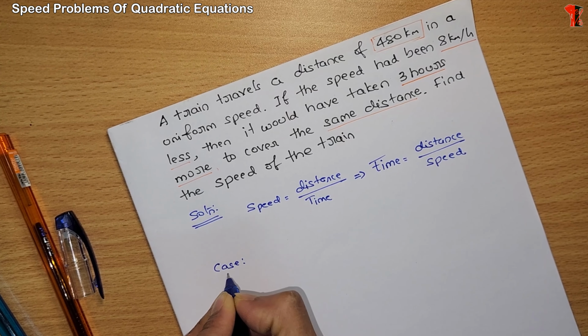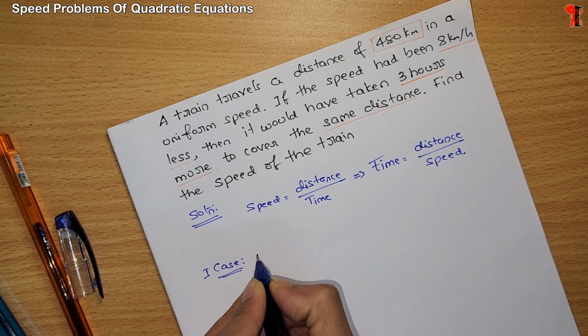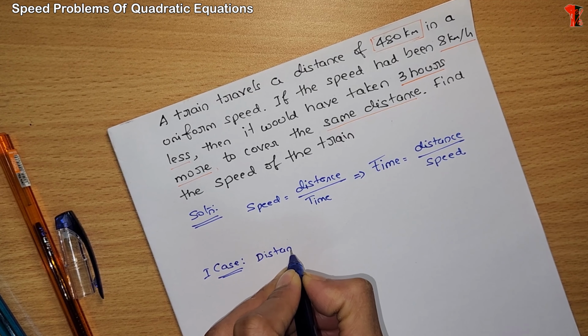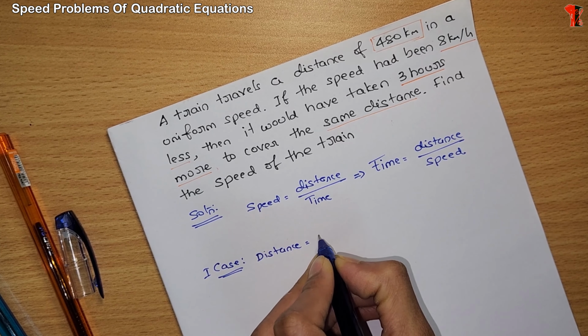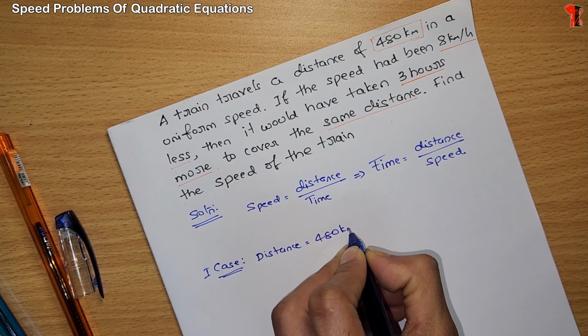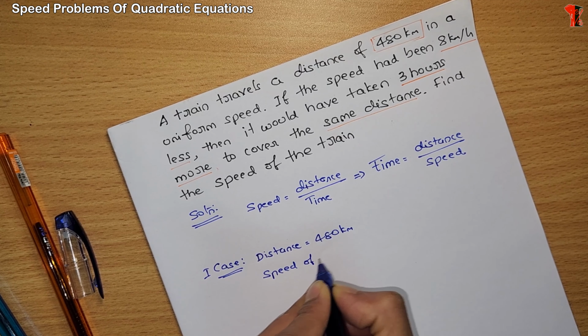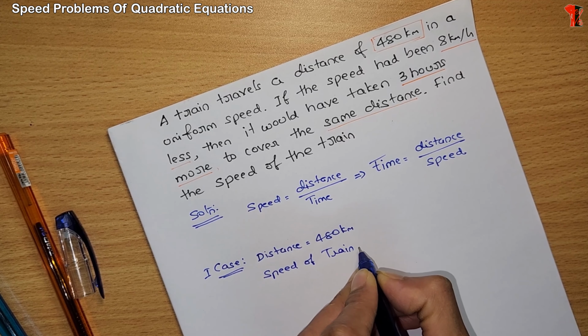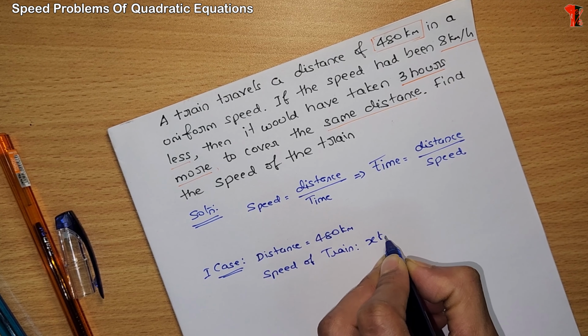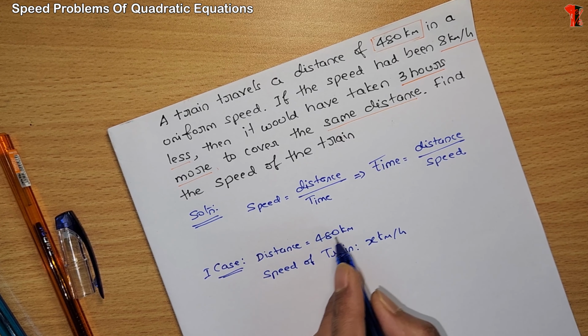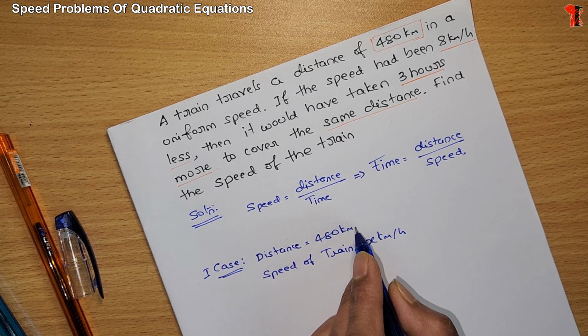In the first case, the distance is the same, already they told, so we are going to use 480 kilometers. Now we will take the speed of the train as x kilometers per hour. So distance is 480 kilometers and speed is x kilometers per hour.